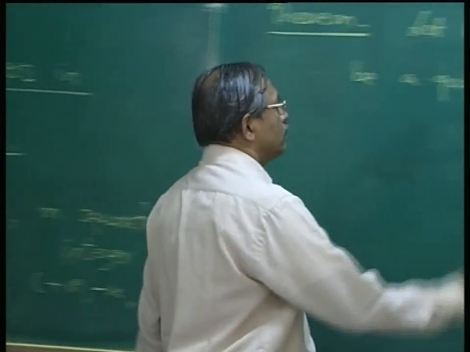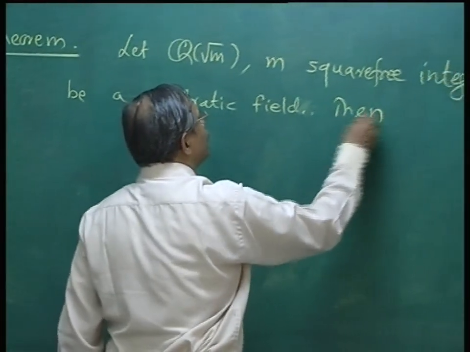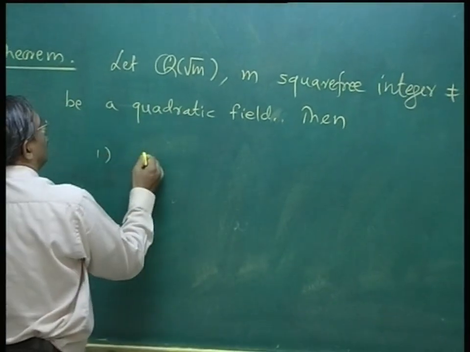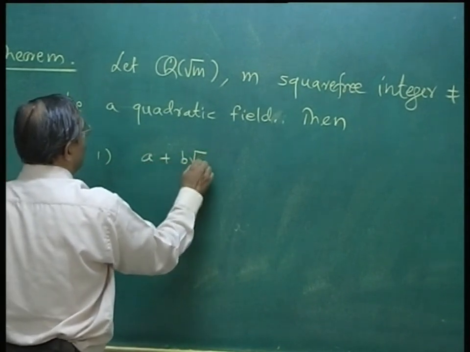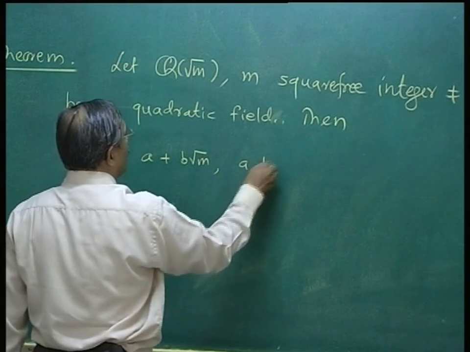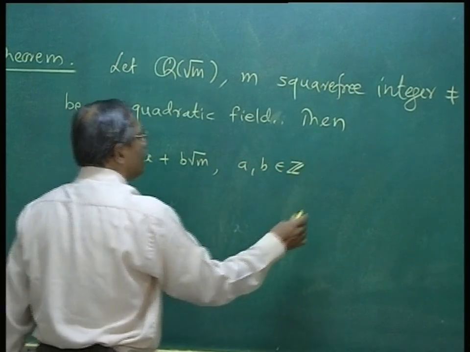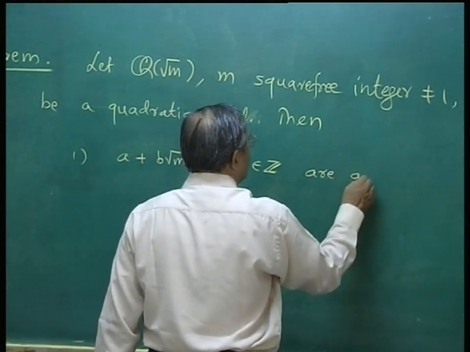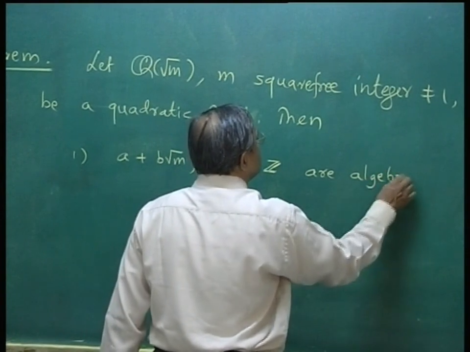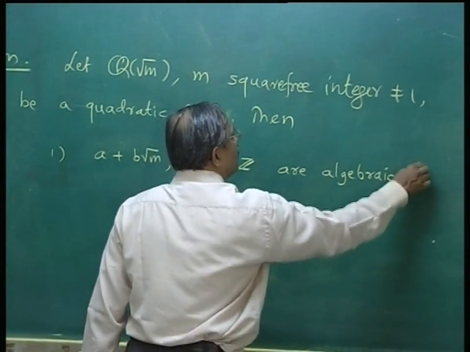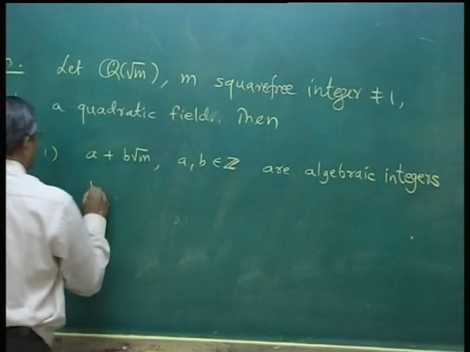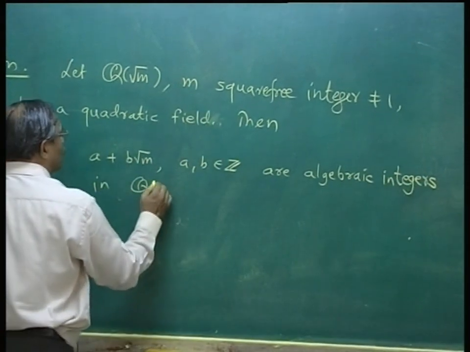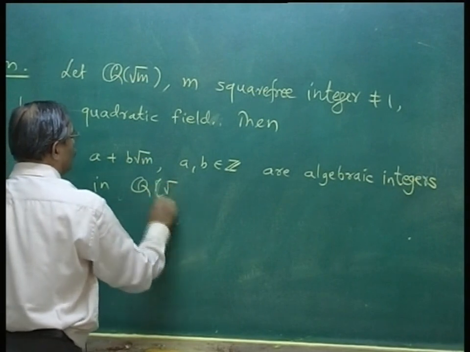So then, one: a plus b√m, with a, b in Z, are algebraic integers in Q(√m).